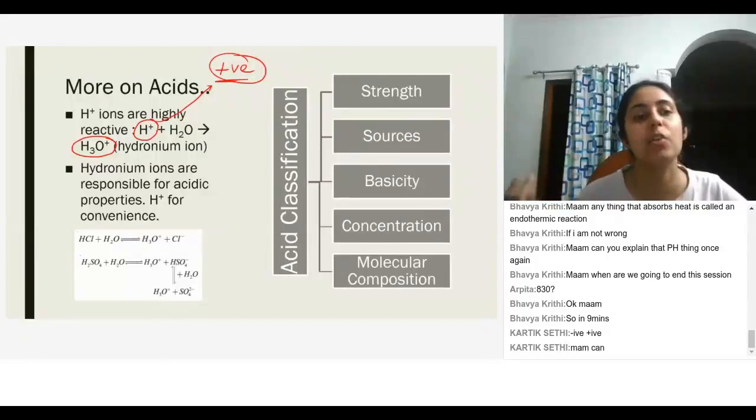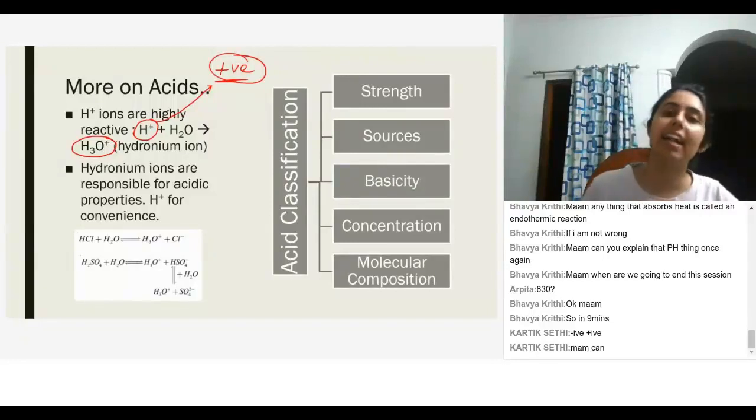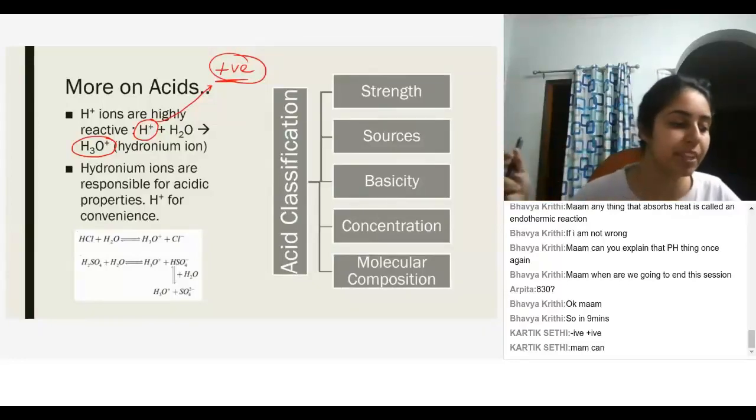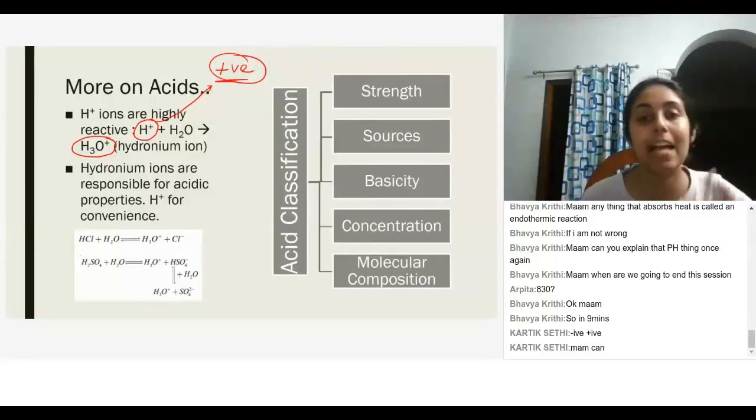But the initial thing that you use has to be an entire metal, not a metallic compound.